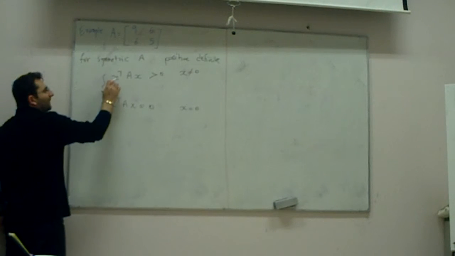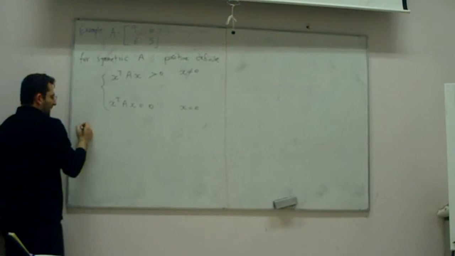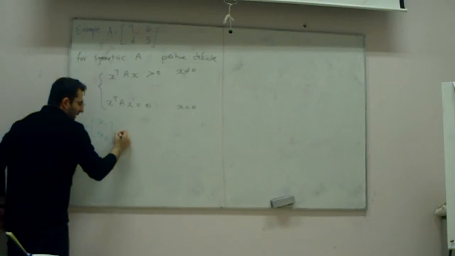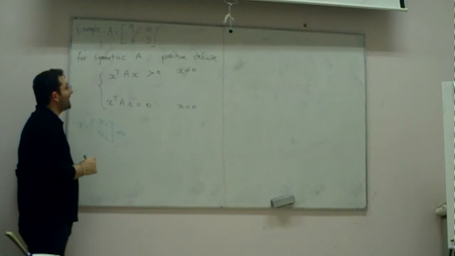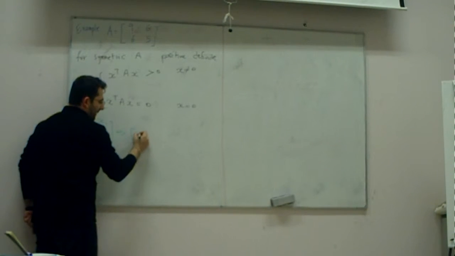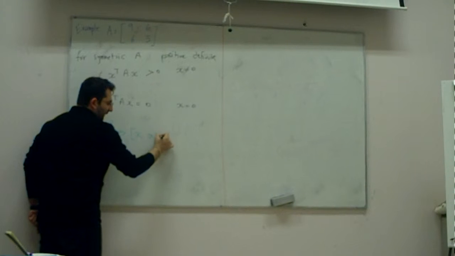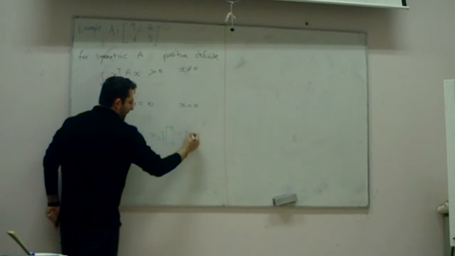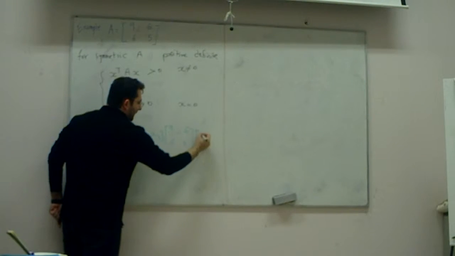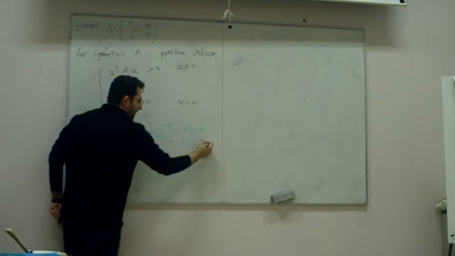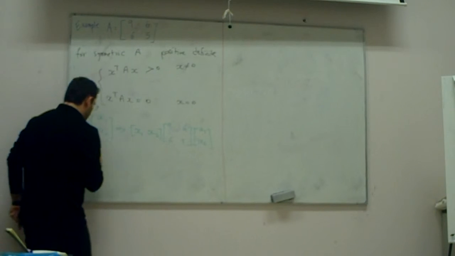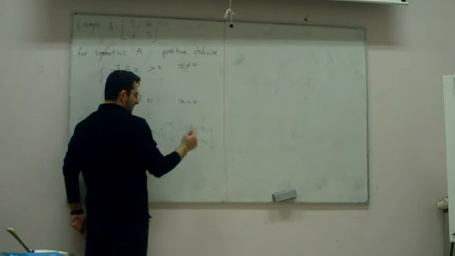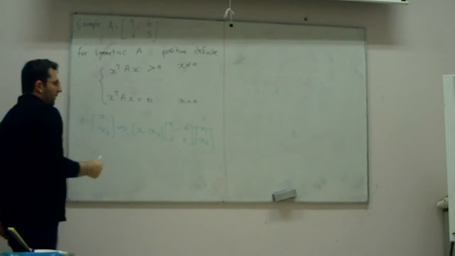We define X to be a vector of 2 by 1. Then X transpose is the row vector x1, x2, multiplied by A, multiplied by X itself, which is x1, x2. It will be 1 by 2, 2 by 2, 2 by 1, giving 1 by 1.